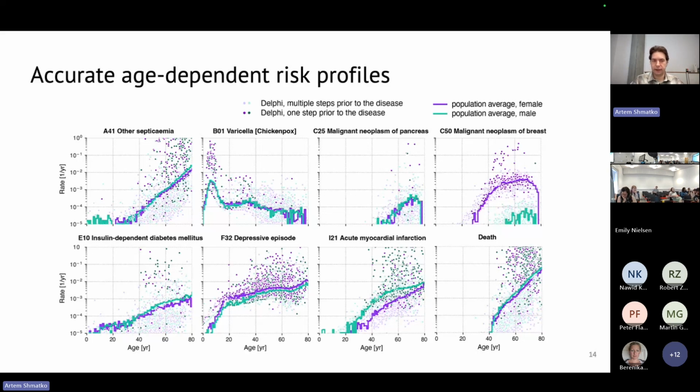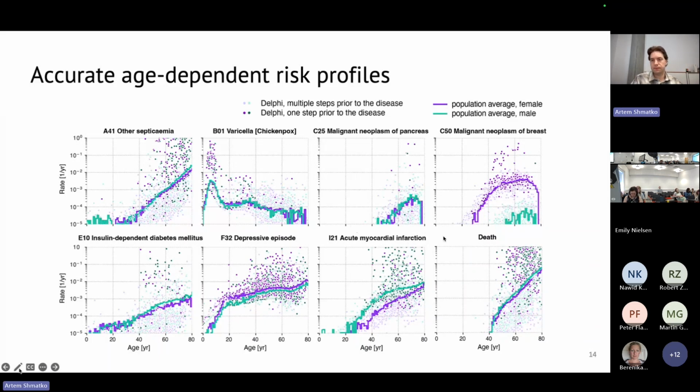And there are two things to notice. First, the lines have vastly different shapes. For example, for septicemia, the shape of the curve is monotonically increasing, and there's no significant difference between men and women.